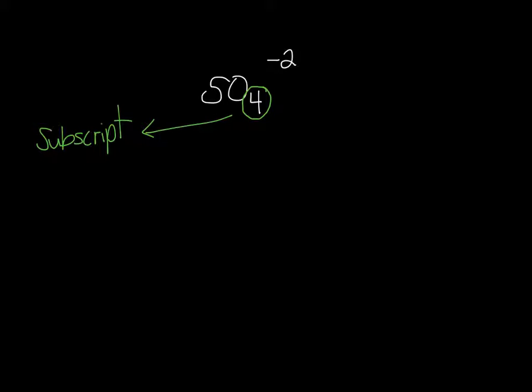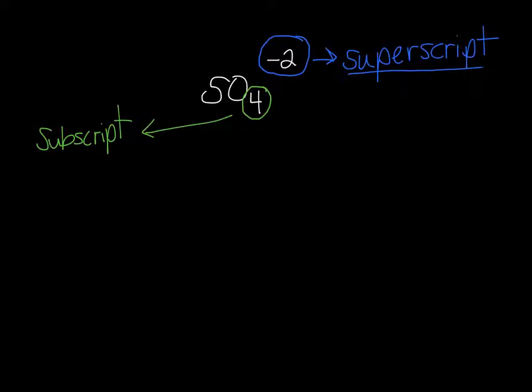The other number, which is our new one, right up here, is written above the line of the rest of the letters and numbers. So this is called a superscript. When you see a superscript, or a number above the line where the rest of the letters are, that represents the charge of that atom or formula.